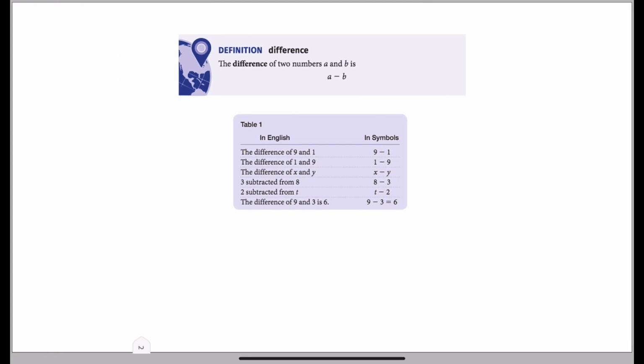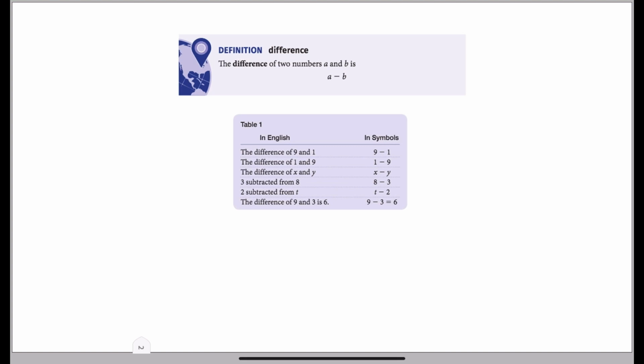So the first thing we need to define is what subtraction produces. It produces a result called the difference. When we see subtraction, we can label it a couple of different ways.